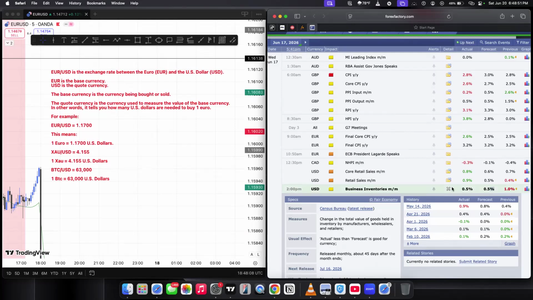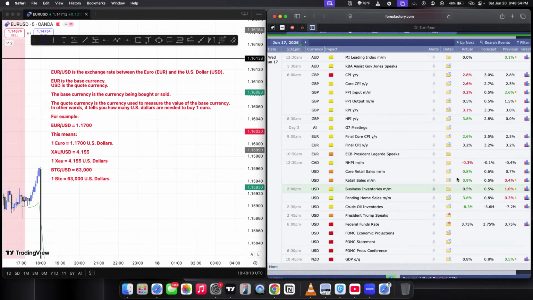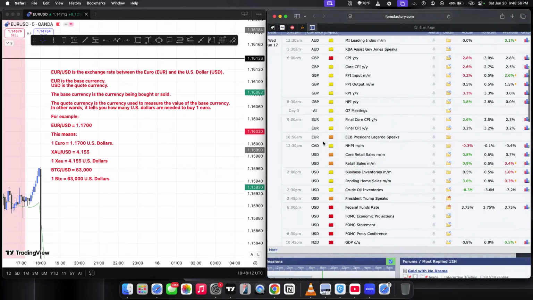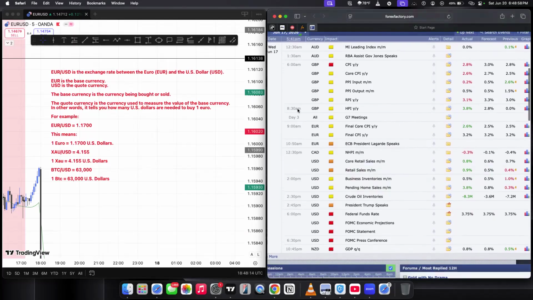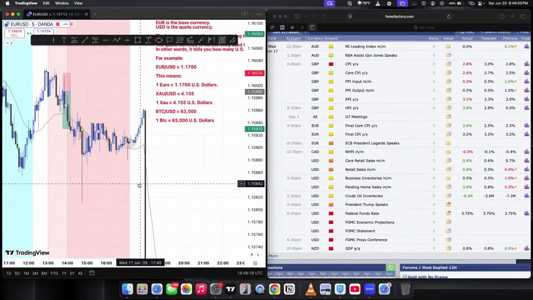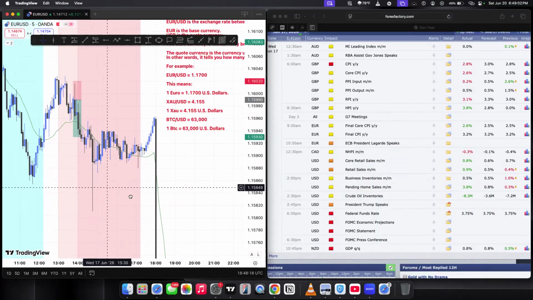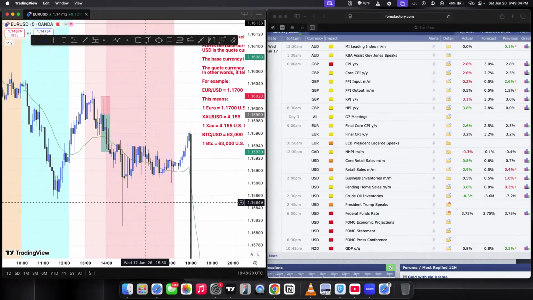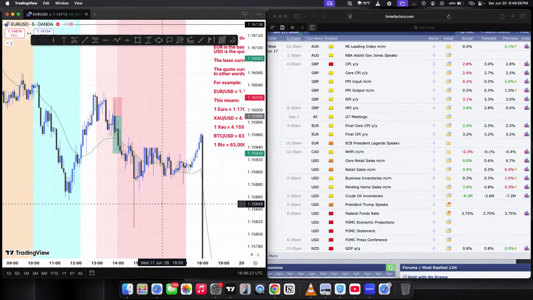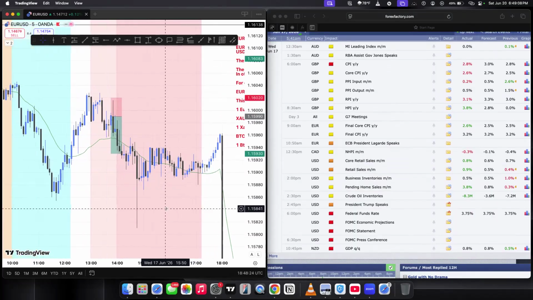Let's come to this. This is actually Wednesday, June 17th, and this is it right here. Let me give you an example of the trade I took on Wednesday. On Wednesday, my technicals were telling me that the market is bearish.